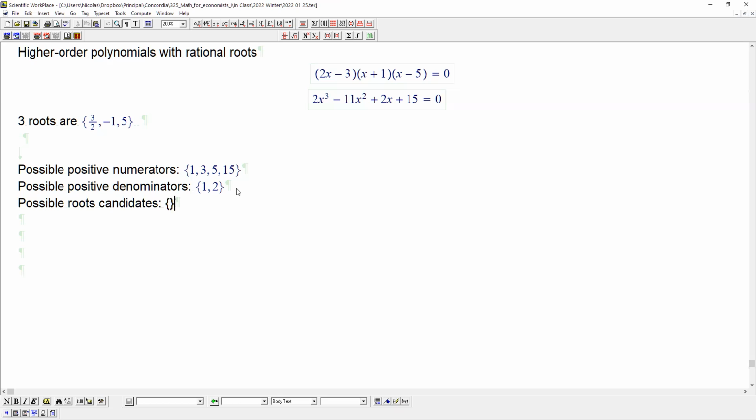Let's use all the possible versions of the positive values of the numerator and the denominators first. So let's go with 1. It's 1 and 2. I have a 2 here, so the two possible dividers of 2 are 1 and 2. That's it.